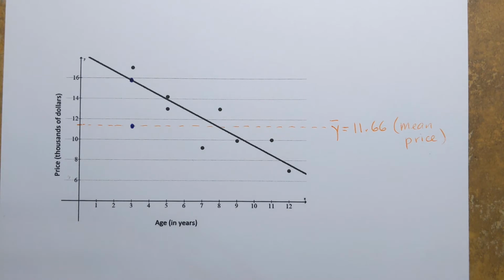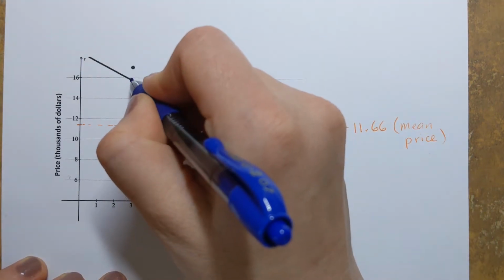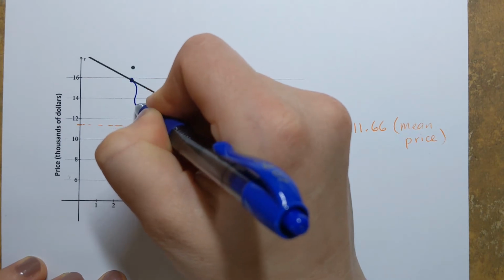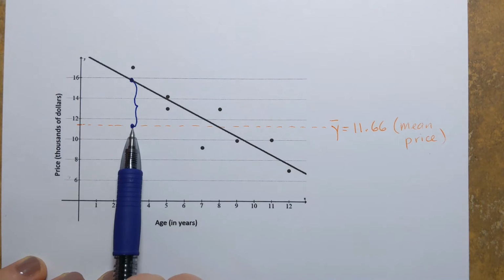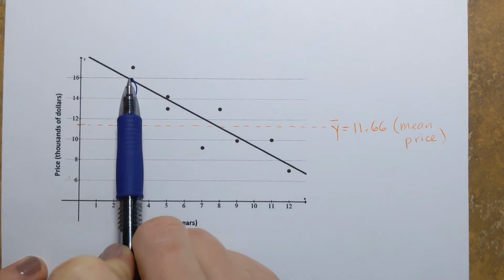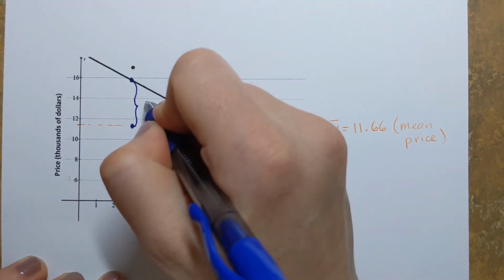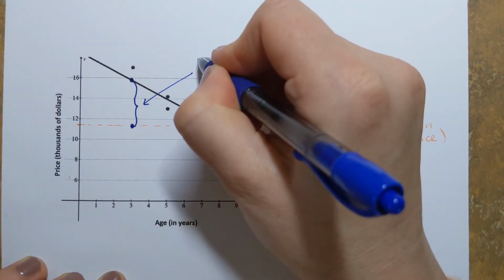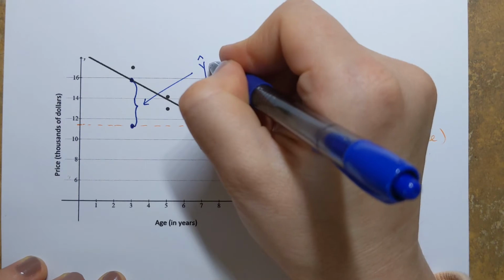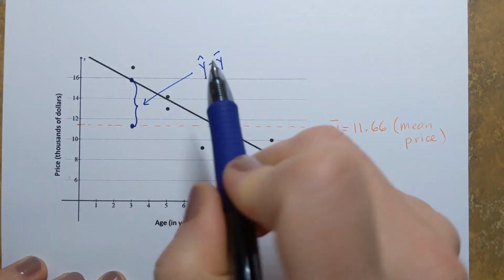And now let's compare those values, or let's note their differences. If I look at the distance between the mean price and the predicted price, it is the difference y hat, predicted price, minus y bar, the mean price.